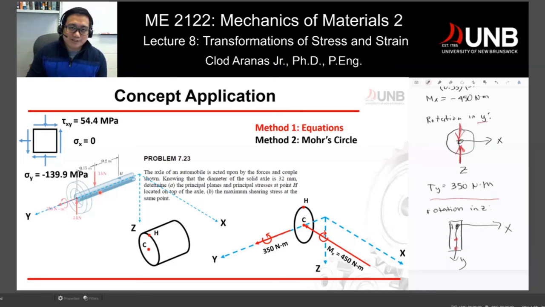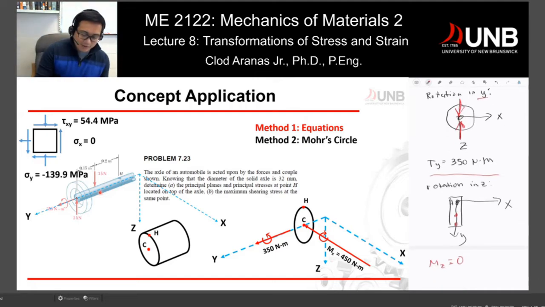So you have 2 points, which doesn't really produce a rotation in z-axis, which means your M sub z is equal to 0. Now, I can combine these moments or this rotation and put it at point H so that we can determine what would be the stress state at point H.